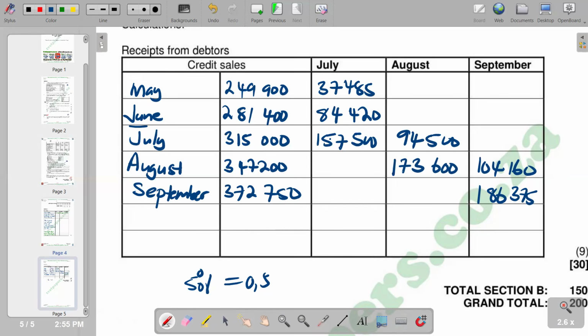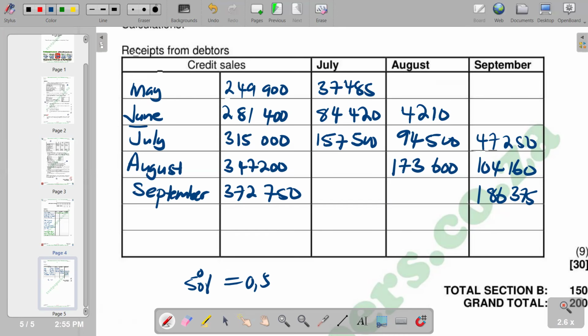And then the ones for June: 281,400 times 15% will be received in August. So we put them in August and we get 42,210. And then for July, credit sales for July that will be received in September, 15% of 315,000, gives 47,250.